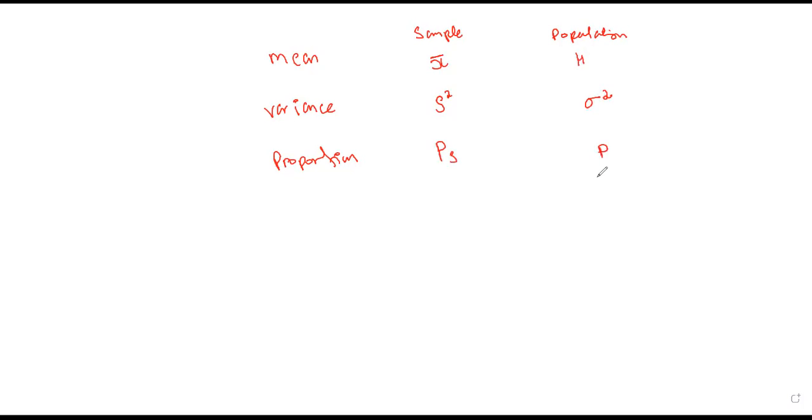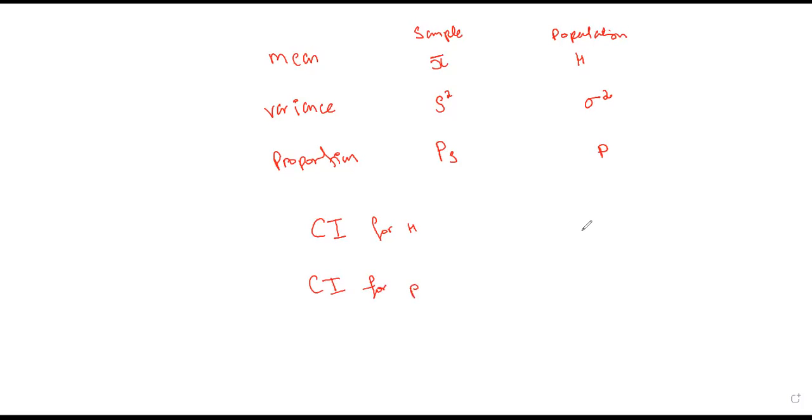I will not write down the formulas to confuse you. And the two intervals are, like we have discussed, the confidence interval for mu and the confidence interval for p.